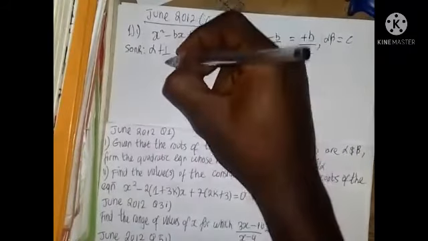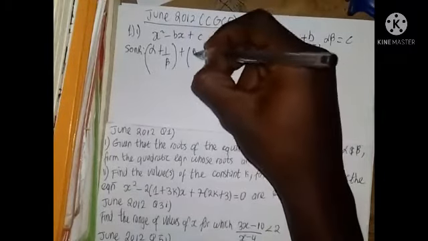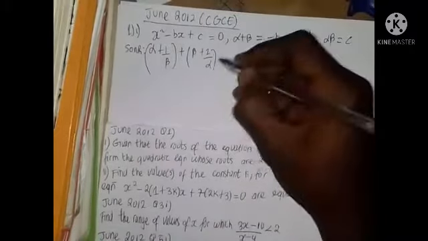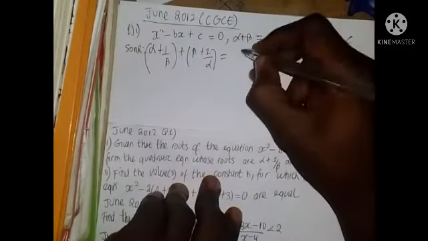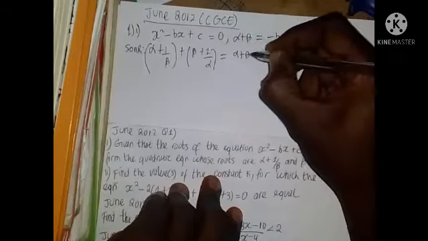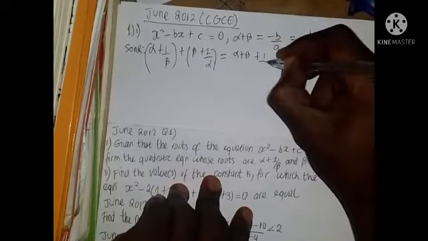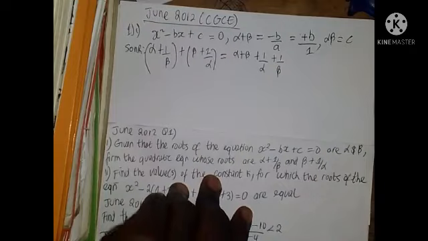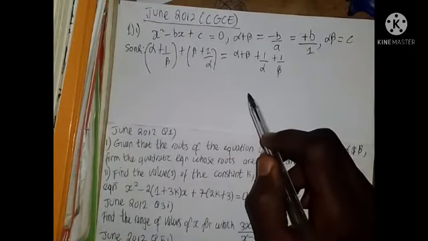and our roots here are alpha plus 1 on beta plus beta plus 1 on alpha. Okay, so for the sum of new roots, these two new roots, we're going to sum them, and it will give us alpha plus beta plus 1 on alpha plus 1 on beta, and these two can be simplified because we can easily have a common denominator from these two.